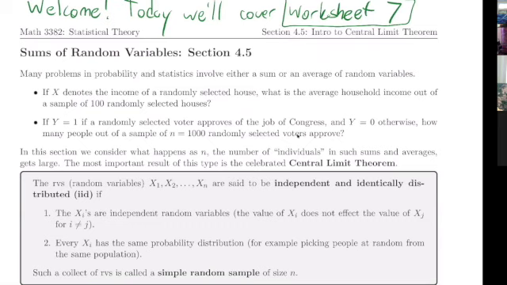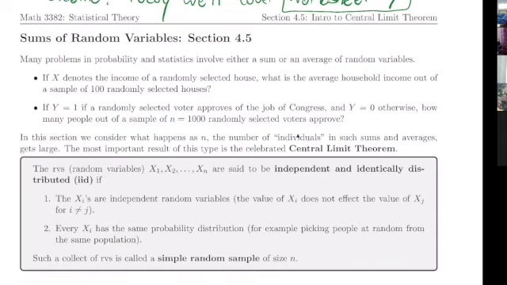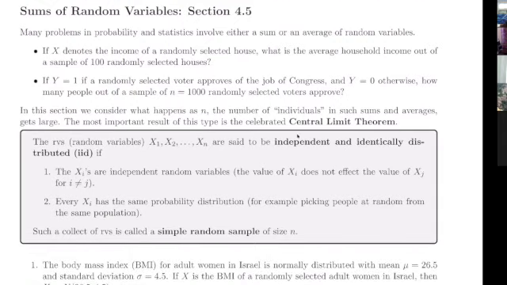So I want to focus today on sample means, and on summing up things like how many people out of a sample of 1,000 feel a certain way. In particular, I want to think about what happens to these predictions for large samples, for small samples, and what's the relation between these predictions and the sample size.